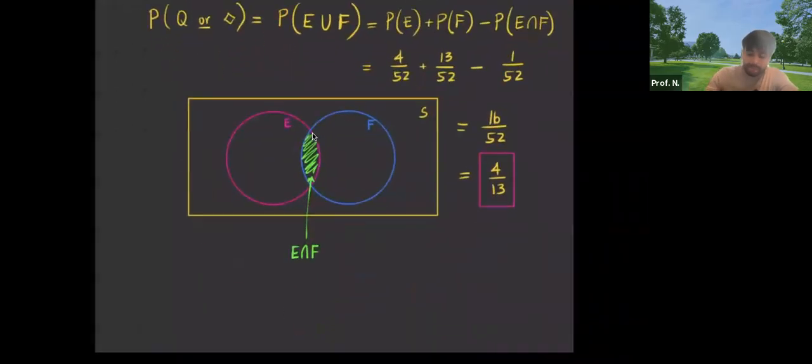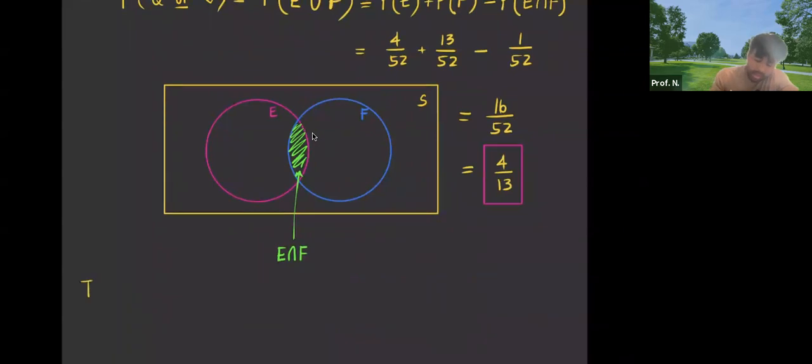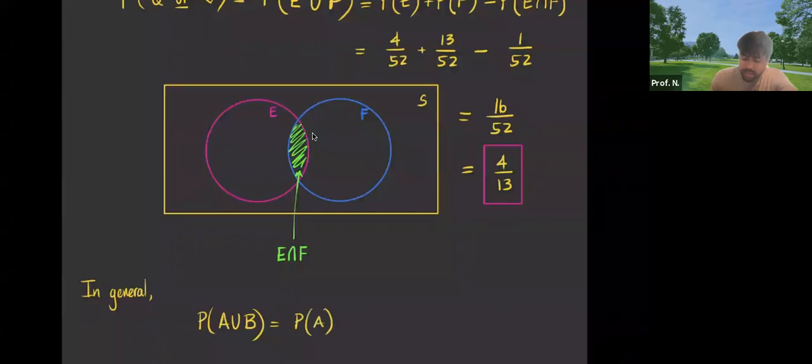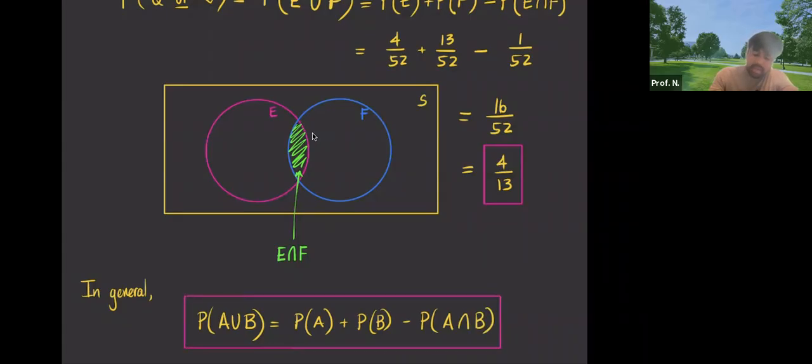So in general, the probability of A union B, right, A or B, is the probability of A plus the probability of B minus the probability of A intersect B. And this idea is called the principle of inclusion-exclusion, or the inclusion-exclusion principle.